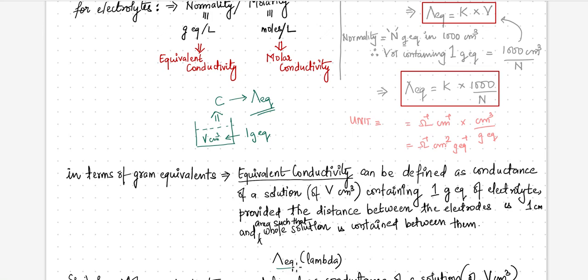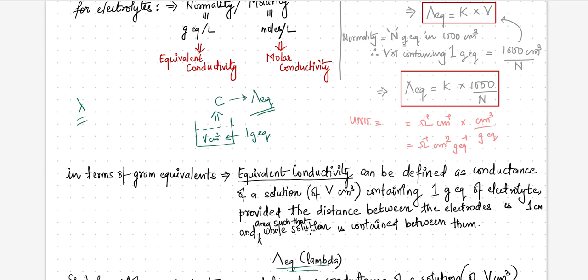So that is what is written here. It's represented by the symbol lambda EQ. This can be referred to as the capital lambda, because lambda is also written in a different fashion. So this way of writing the lambda, you can call it a capital lambda. So the conductance of this solution would be the equivalent conductivity.